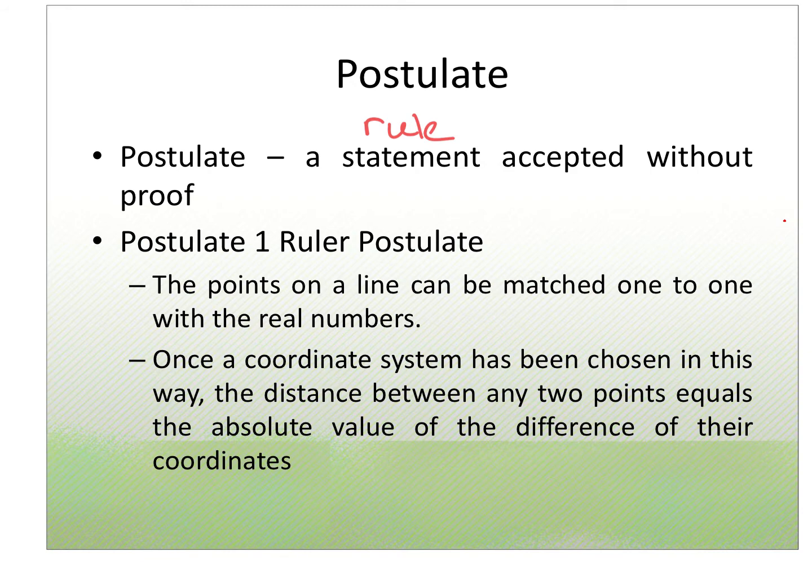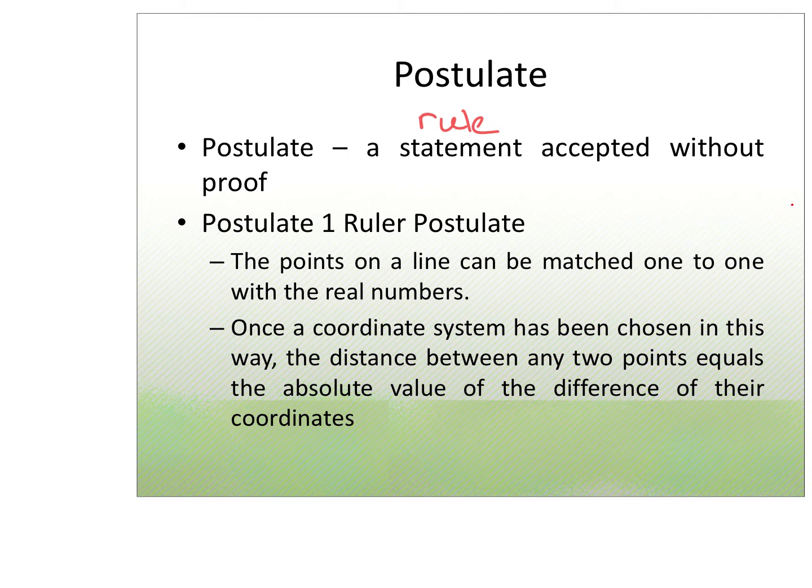Now, when we're learning these postulates and these theorems, they're going to be numbered. You don't need to memorize that the ruler postulate is postulate number 1. All I want you to do whenever we learn any postulates or theorems is that you just remember what they say. Some of them will have names like this one.